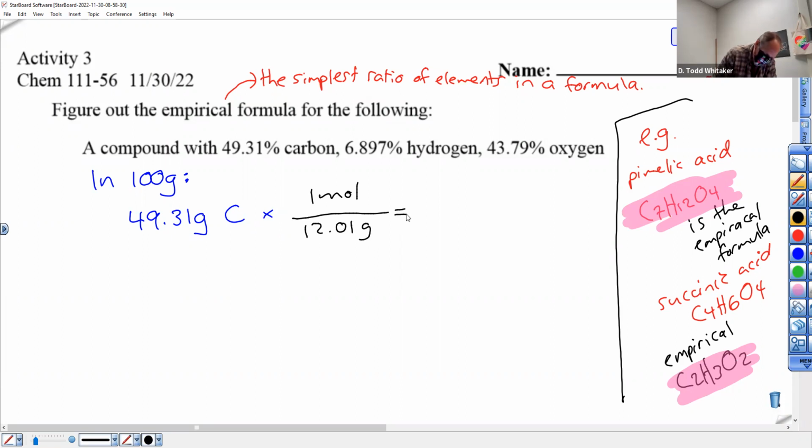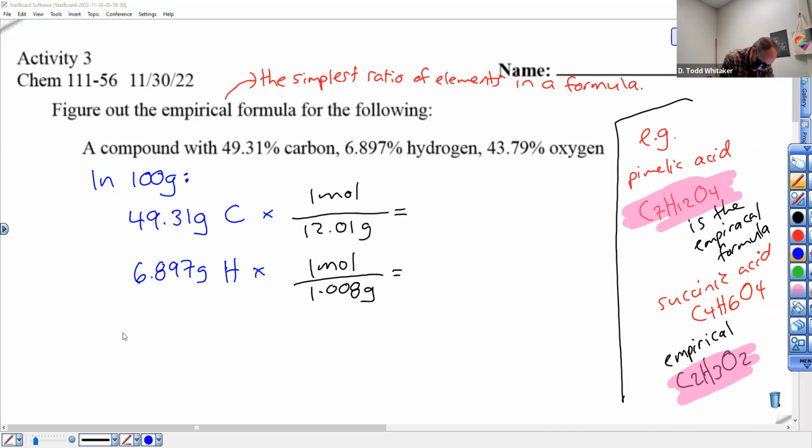I'll work on hydrogen here: 6.897 grams of H times 1 mole for every 1.008 grams.